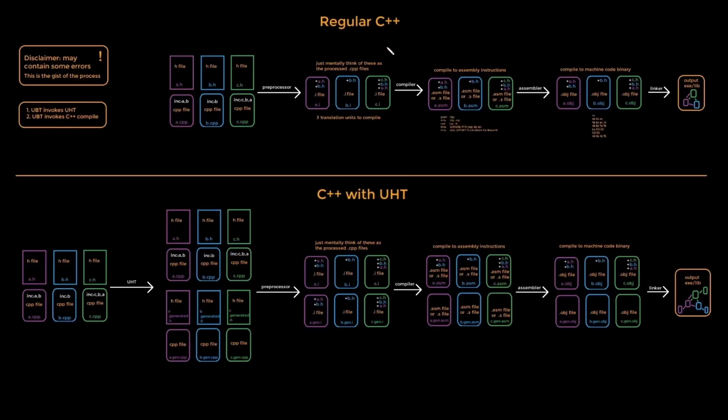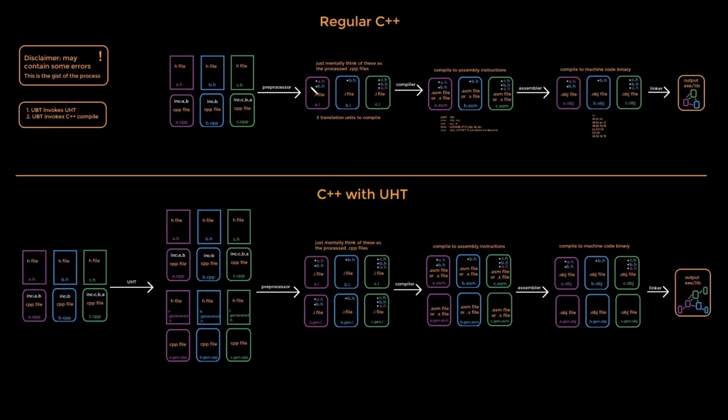So let's explore regular C++ compilation and then compilation with UHT involved. So this is a rough approximation of what happens. There might be a few mistakes here, but you can roughly assume this is how it works. So in regular C++, we have a set of files, a header file and a CPP file. So I have a file called A, a file called B, a file called C, and there's a header and CPP file for each of those. First, we run the preprocessor, which effectively copy-pastes the header file into the CPP files. And we're really only left with the CPP files. These are the translation units and are what are actually going to get compiled.